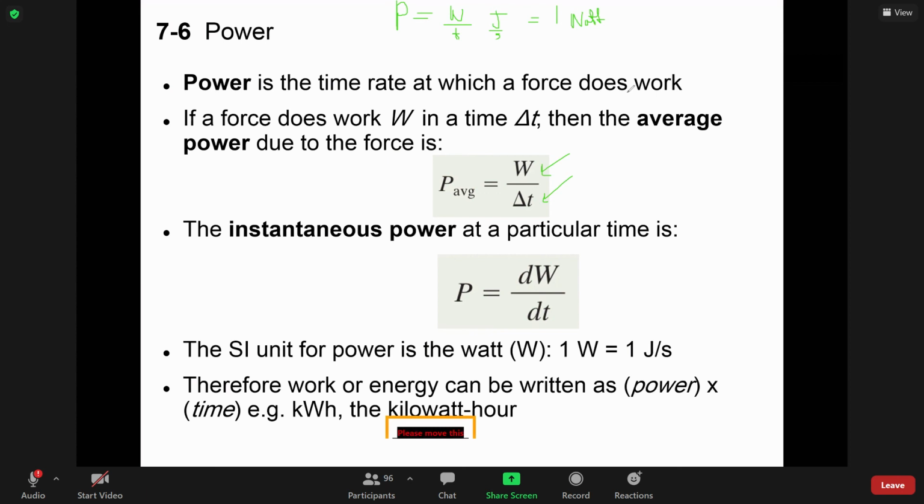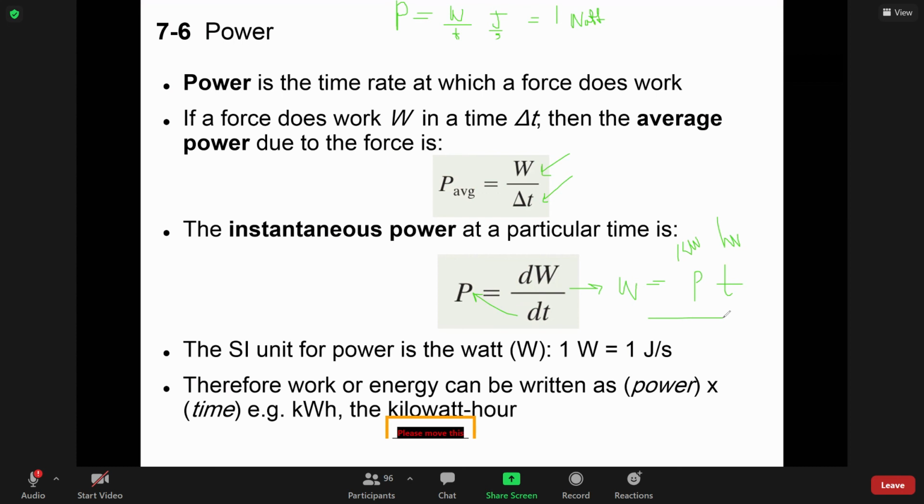The unit of work is what? And there is an example. When you receive the electricity bill, it says kilowatt-hour. Why do they call it kilowatt-hour?